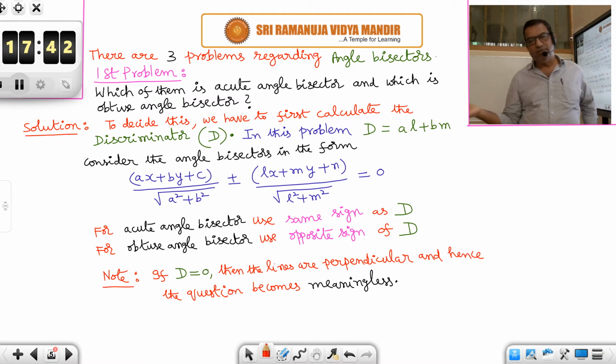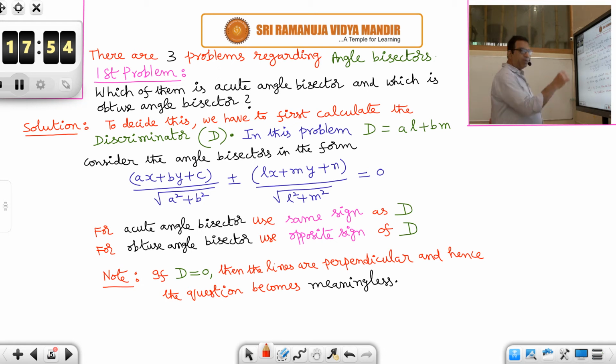In another problem, you will get the acute angle bisector by taking the minus sign. So it is not a fixed rule. Without proof I am giving the formulas for how to find the acute angle bisector and obtuse angle bisector. To decide this, we have to first calculate the discriminant.